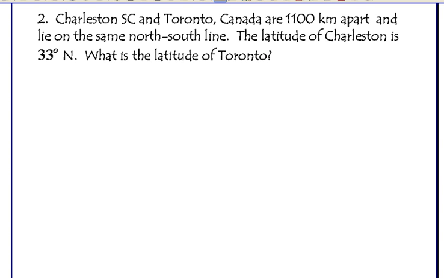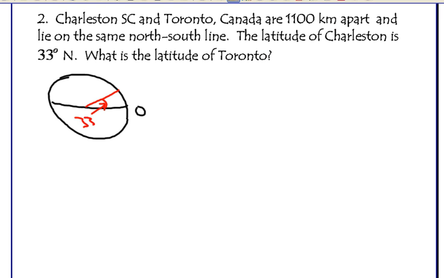They lie in the same north-south line. So again, we're assuming you're just going due north or due south. Charleston's at 33 degrees. Where is Toronto in terms of latitude? So again, maybe we sketch this out roughly at first, and I apologize if this isn't real neat. Charleston is at 33 degrees, and that's north of the equator.